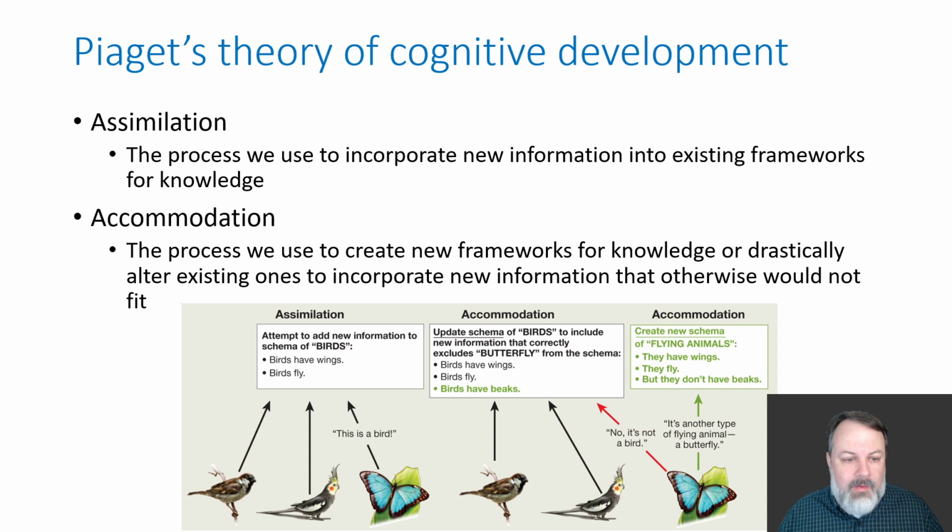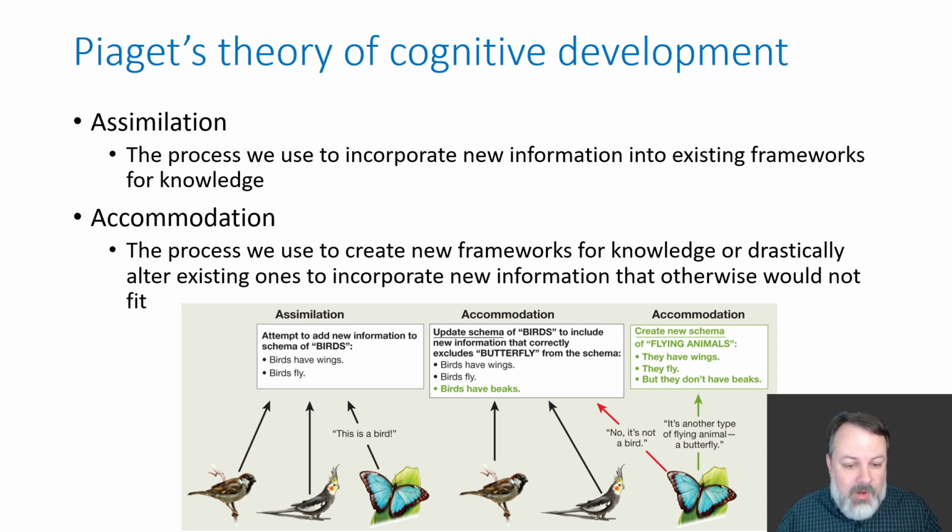So, examples of this is the idea of assimilation. This is the process that we use to incorporate new information into existing frameworks for our knowledge. So let's use this example here of the idea that we have an idea that a bird is an animal that has a wing and it flies.